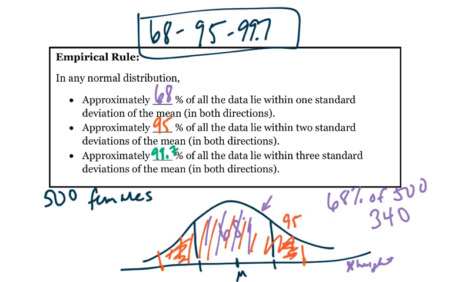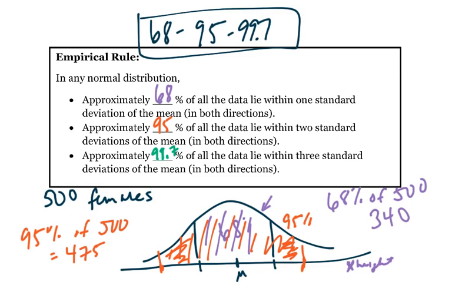So this should be 95% of the females who reported their height will lie within that region. Their data will lie within these two heights here. So then you find 95% of 500 and you'll have the answer to that. 95% of 500 is equal to 475.